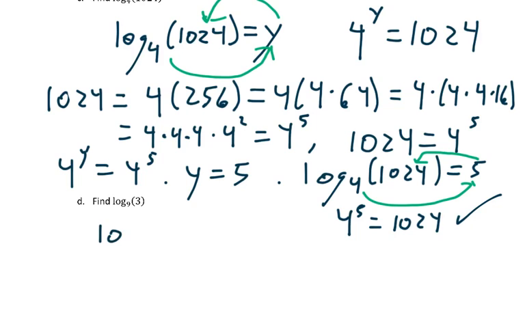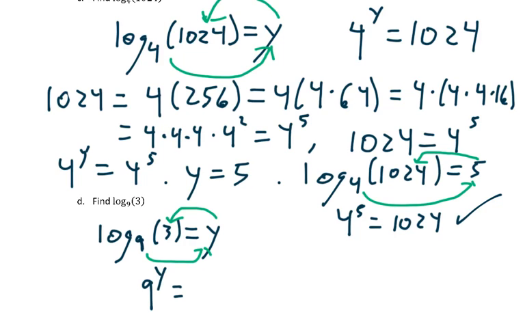So again, I'm going to call this number y. Using a log roll, 9 to the y must equal 3. So we have 9 to the y is equal to 3, as you can see. Now the question is, how do we get this?